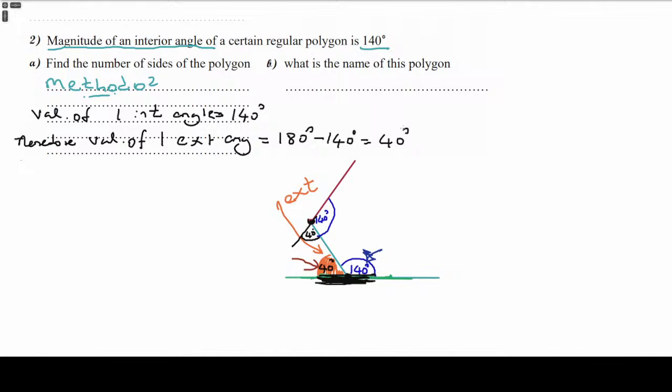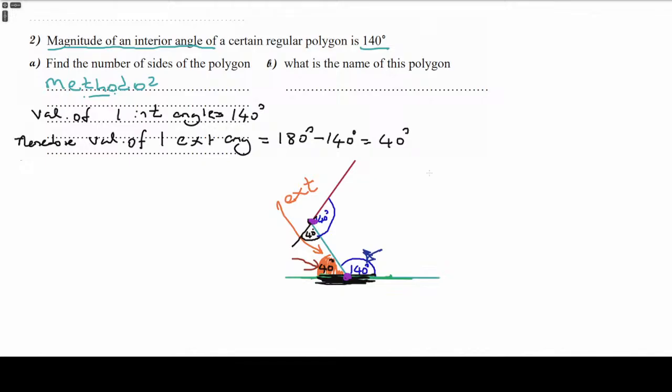Right. And what's the other fact you've got to know? If we take one exterior angle from each vertex of this polygon and add them together, what should we get as the answer? 360 degrees.